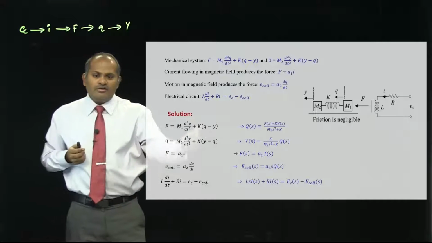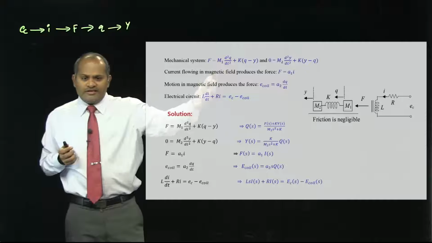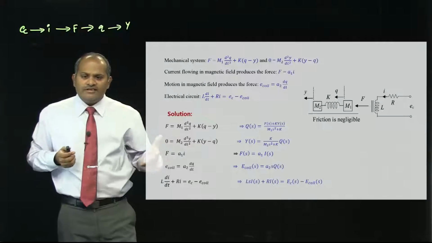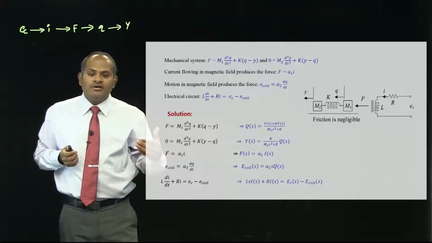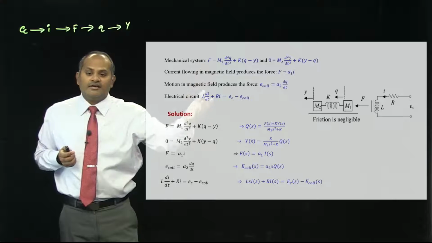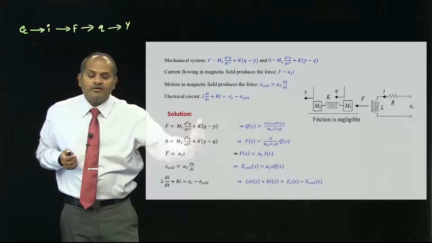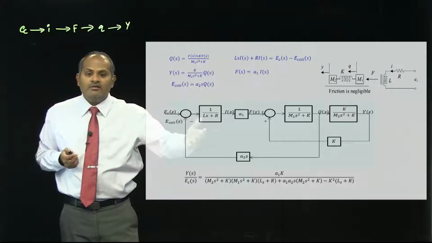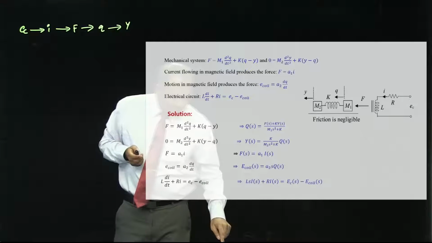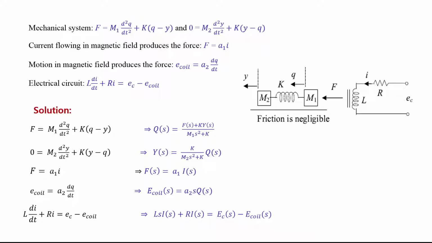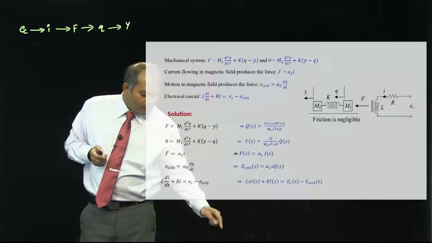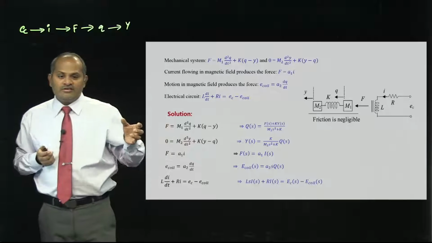Now, let us go to the modeling aspect. All the equations are provided. So, the only thing the student needs to do is to understand the dynamics, convert into Laplace transform and complete the modeling. So, first point, take this function, apply the Laplace transform. When you are applying the Laplace transform, it is very important to understand what is the input and what is the output in every stage.